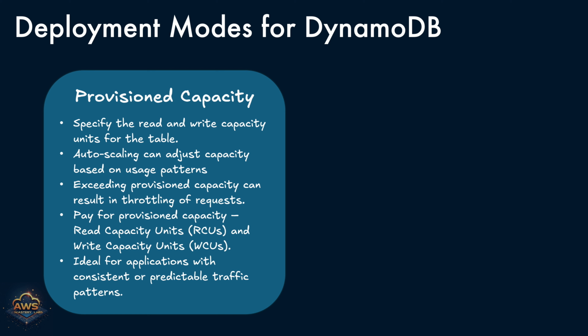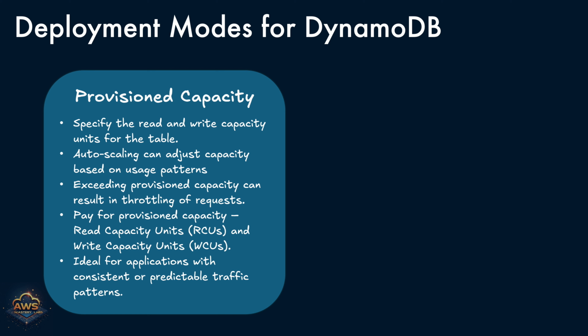Despite auto-scaling, you still have fine-grained control over minimum and maximum capacity settings, providing predictability and cost management. One of the major benefits of this mode is cost predictability. Because you allocate capacity upfront, your monthly billing remains stable and consistent, making it easier to budget for DynamoDB usage, an important consideration for production systems with strict financial oversight.